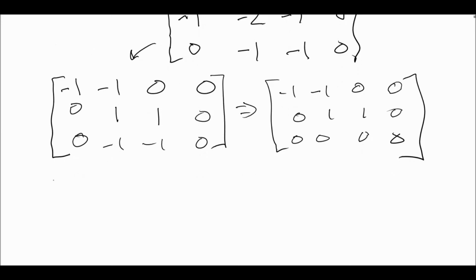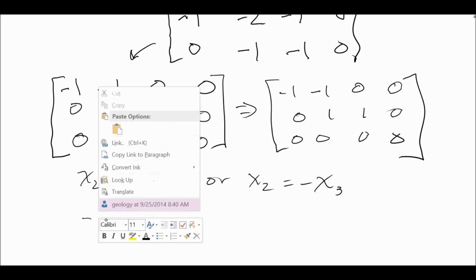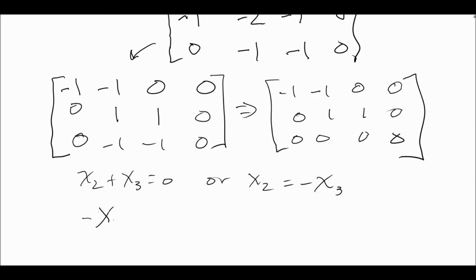What equation 2 says is that x2 plus x3 is equal to 0, or x2 is equal to minus x3. And from equation 1 we get that minus x1 minus x2 is equal to 0, or x1 is equal to minus x2.